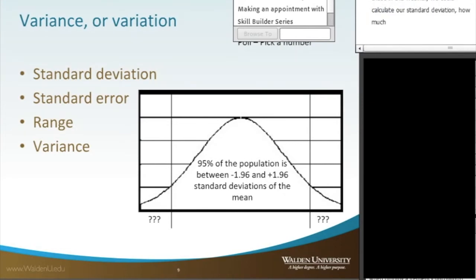Another thing we can do is look at the standard error. We have millions of people in the country. We have thousands and tens of thousands of students that attend Walden University. And we have a sample here tonight of people who are Walden students.